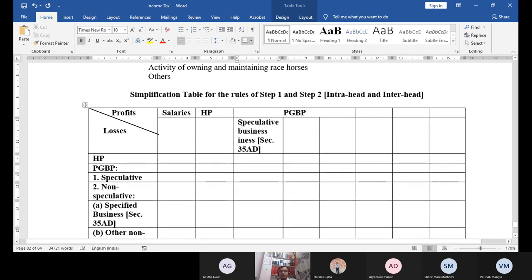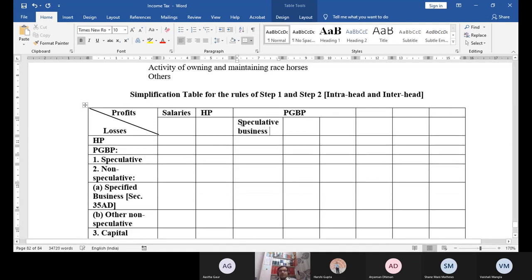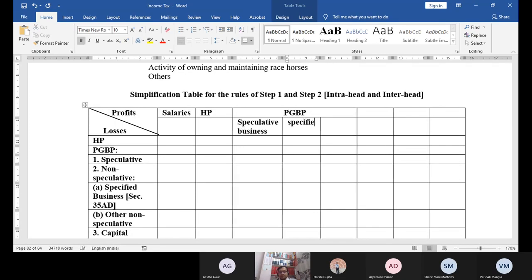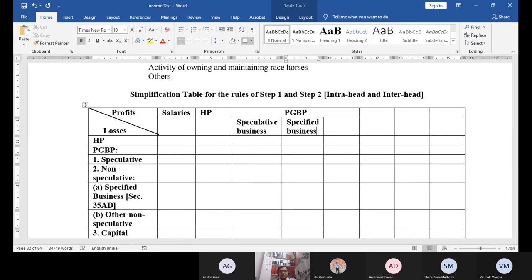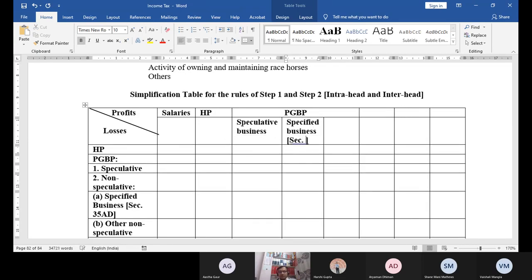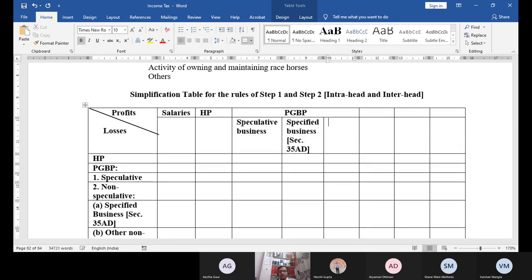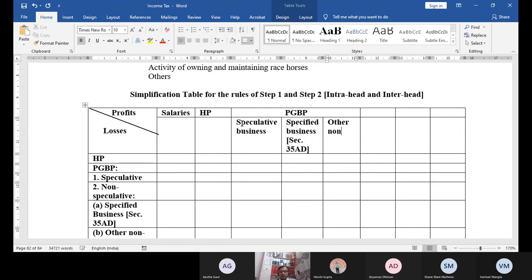Speculative business. Within non-speculative, I can say that specified business, 35 AD, other non-speculative.